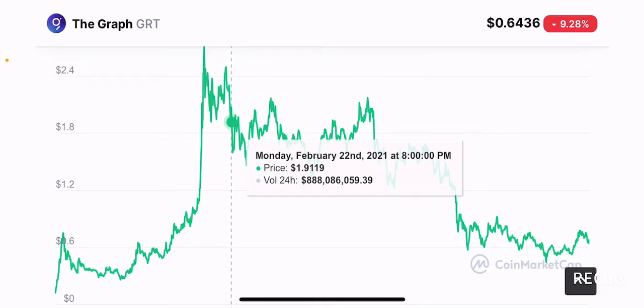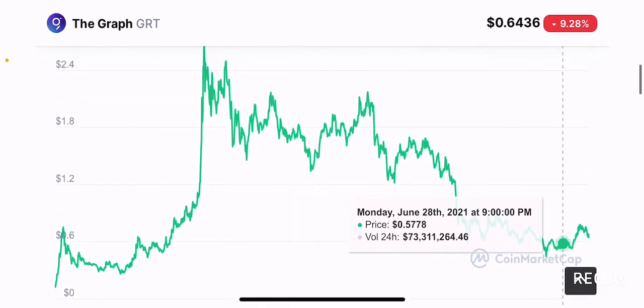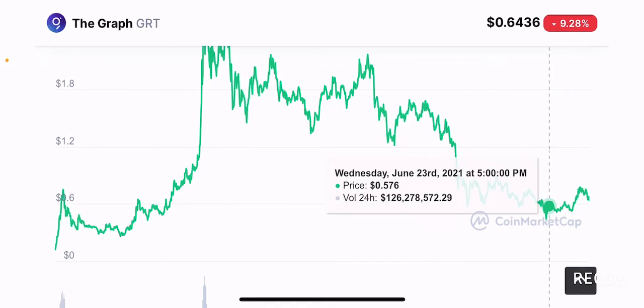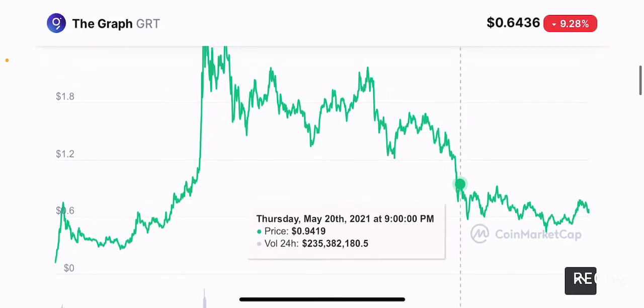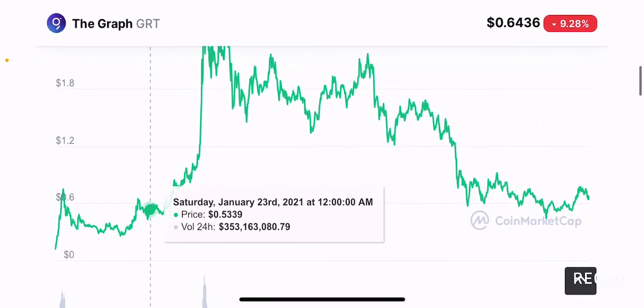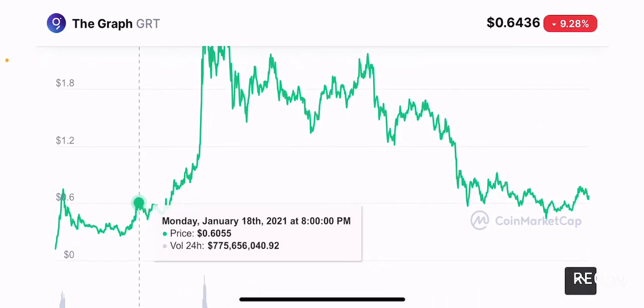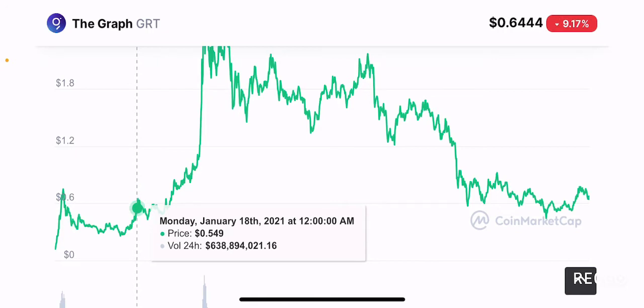So I would probably say that this token is having a high sell pressure more than a buy pressure, and I think this token can move sideways or even go a little bit lower and retest its second relative all-time high in January, which was about 54 cents.